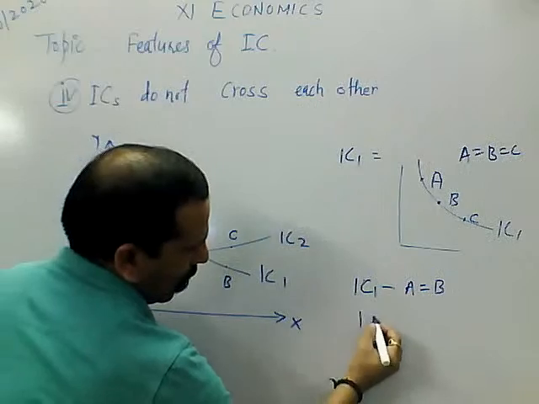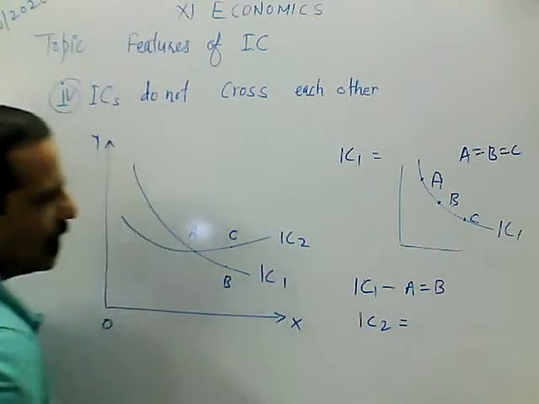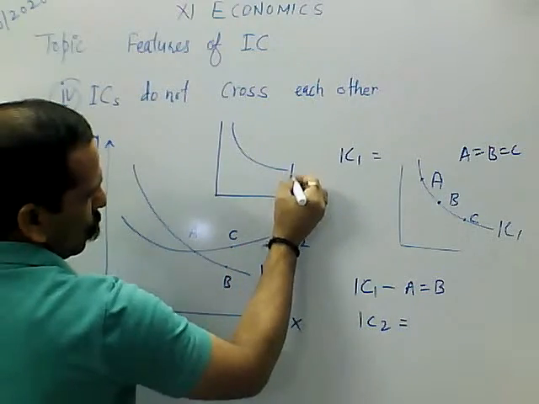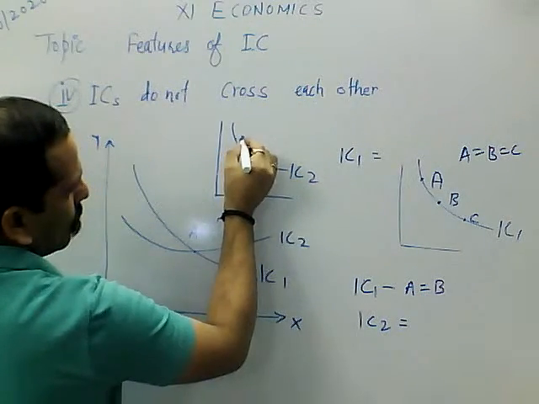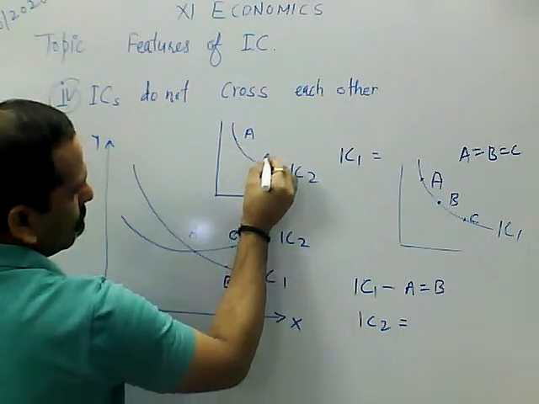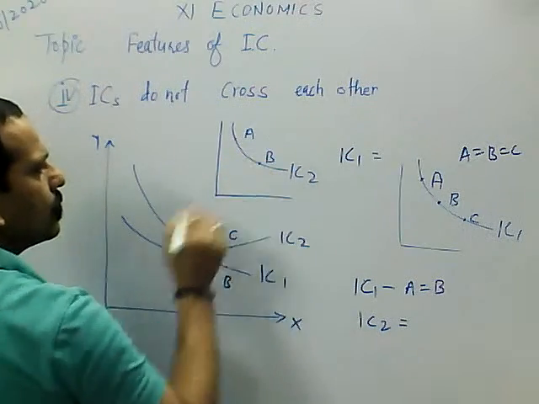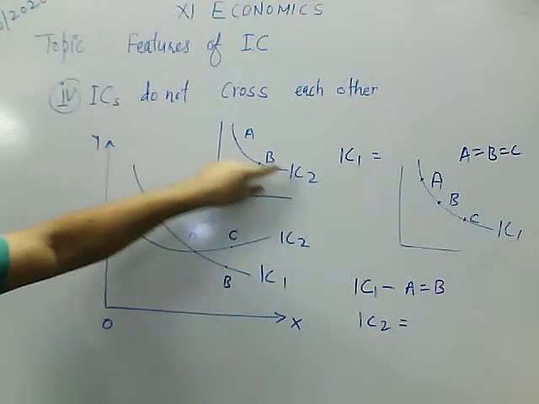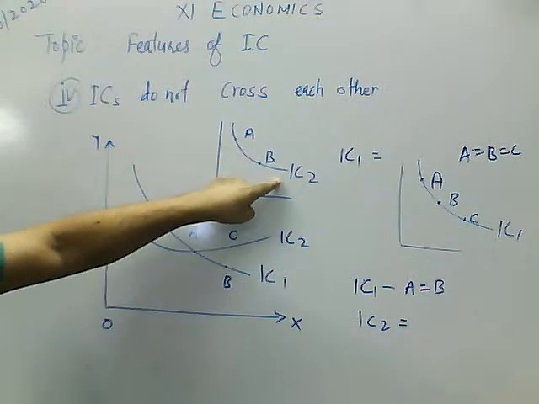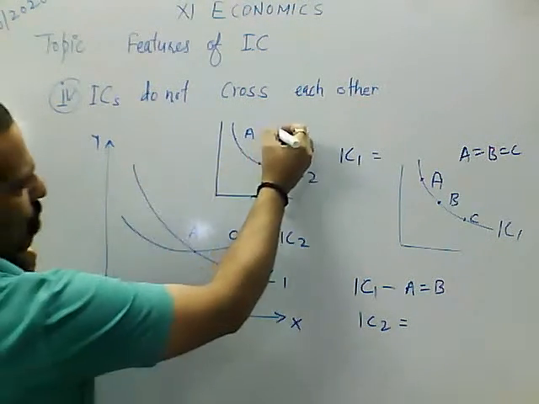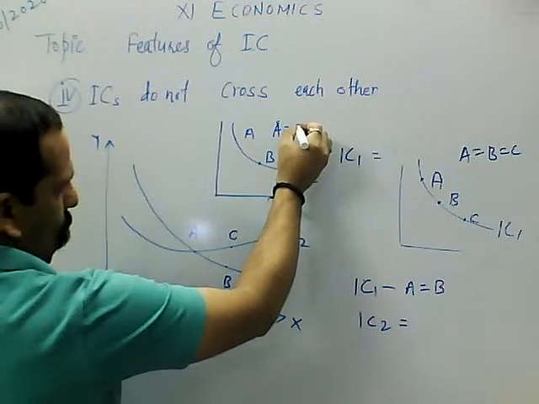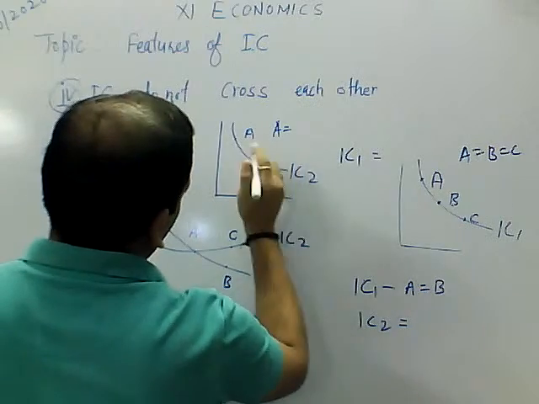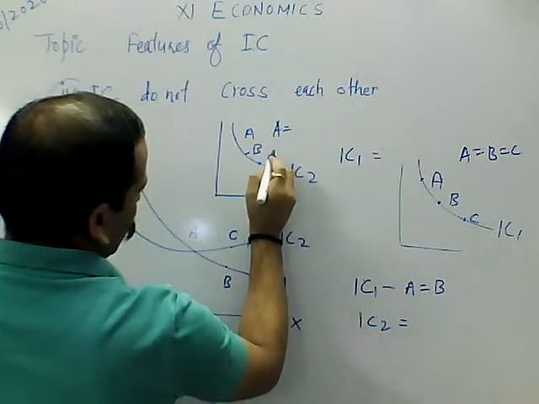Let us talk about IC2 now. In the same way for IC2 also, see, this is indifference curve number 2. Any point on the indifference curve gives the same level of satisfaction, means A, B, C. I am taking 3 points on IC2.